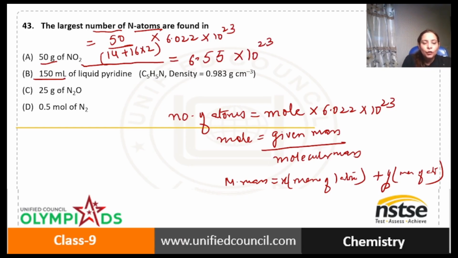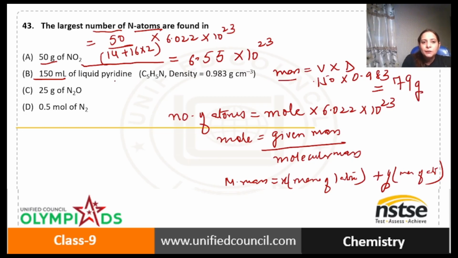And in the second you have got 150 ml of liquid pyridine. Then you can find it the same way. But here, in order to find the mass, we need to multiply volume with density. So the mass we can find: volume you have 150 ml, density is given 0.983. So you can find the mass, which will come out to be 79 grams.